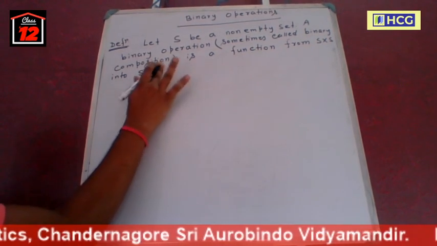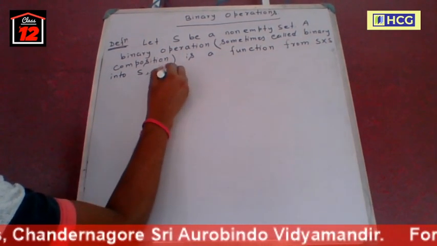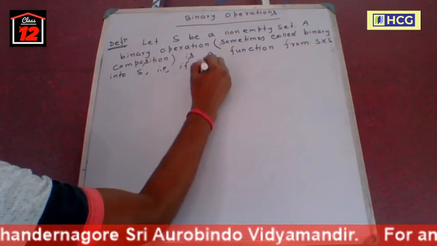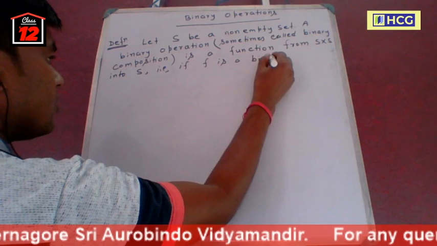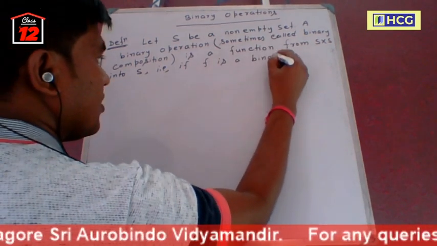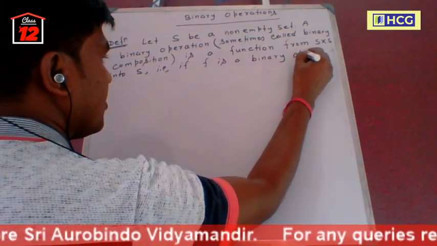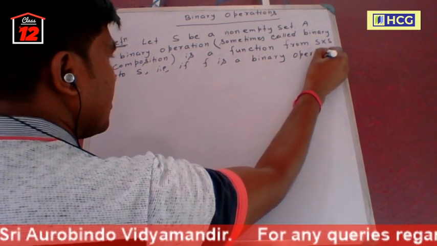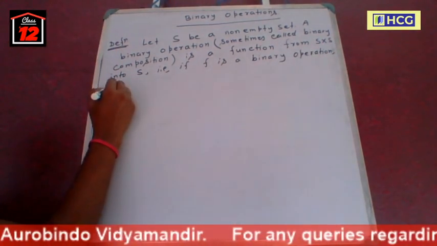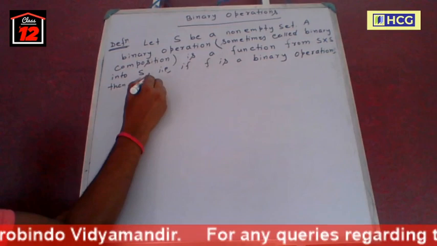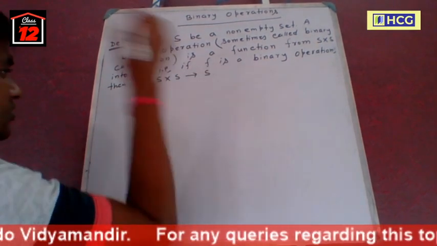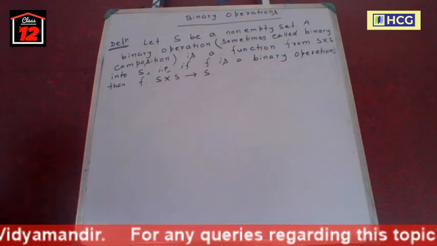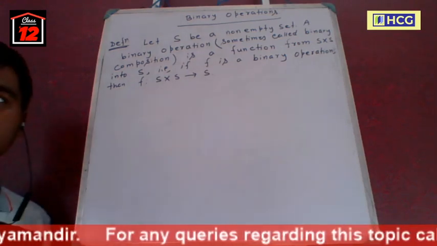That is, if F is a binary operation, then F is a function S cross S to S. The binary operation means a binary operation is a function.